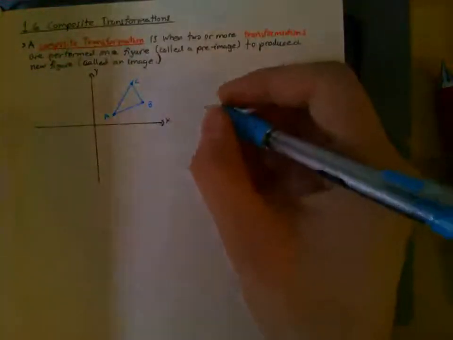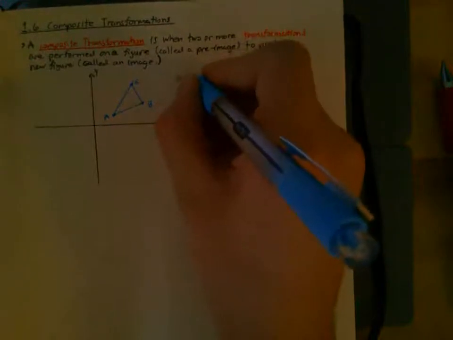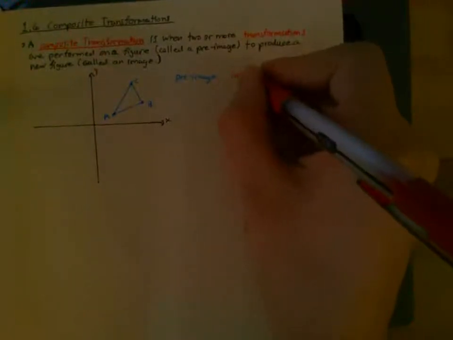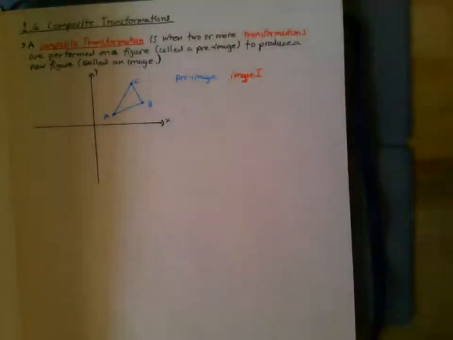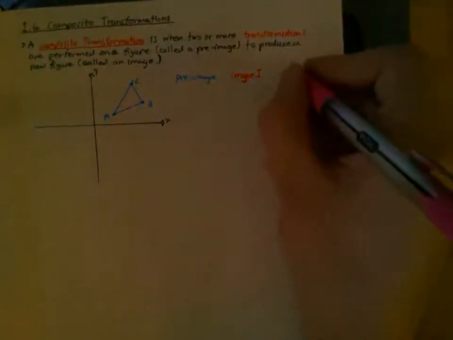And so what you'll need to do is have your preimage, your image 1. I use Roman numerals. If you don't, that's perfectly fine. And then, of course, your image 2.